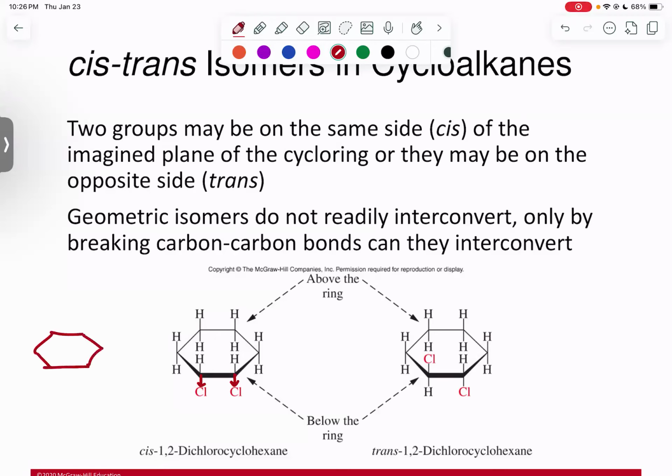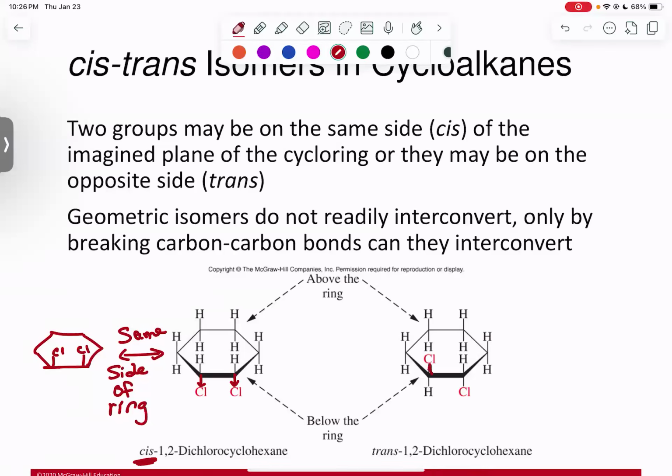Now, I'm not going to draw the hydrogens because I'd be here forever. These 2 are the same thing. Either they're both up or both down, but they're on the same side of the ring. They're either both on top of the ring or both below the ring, and we call that cis.